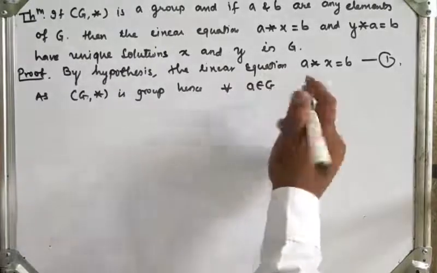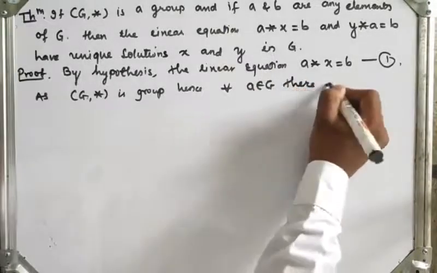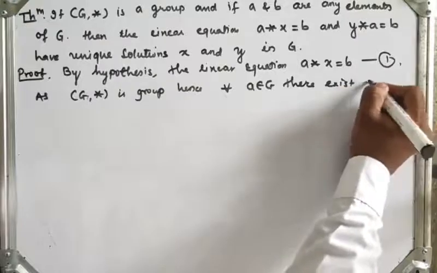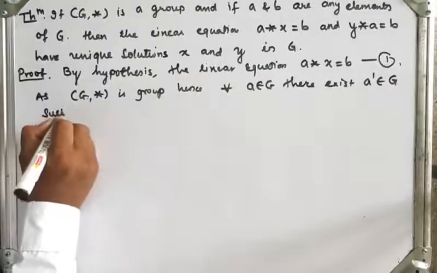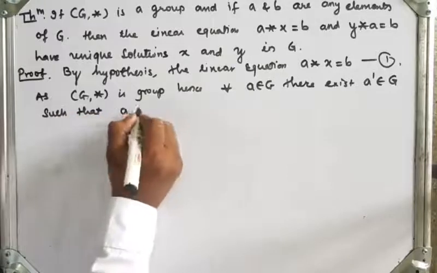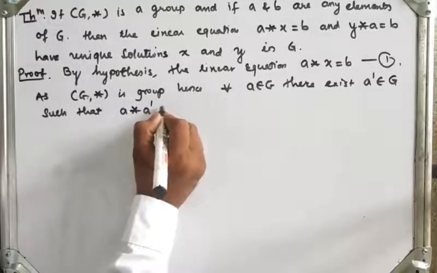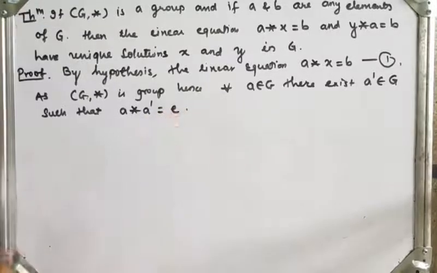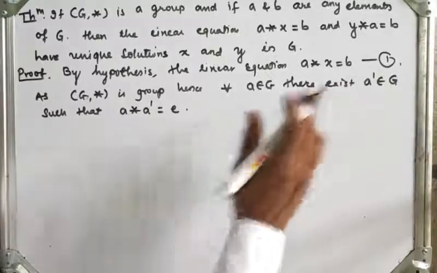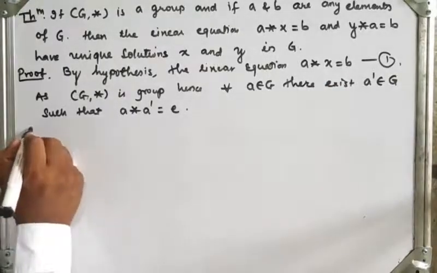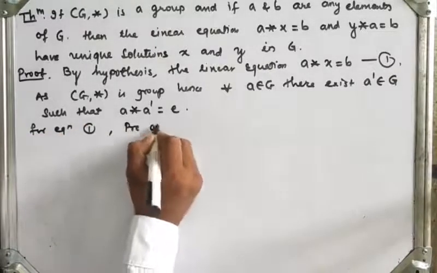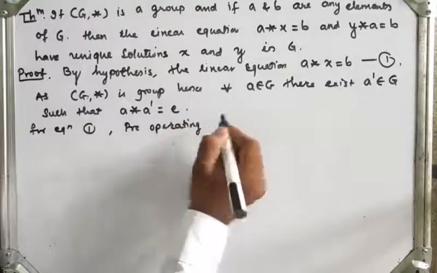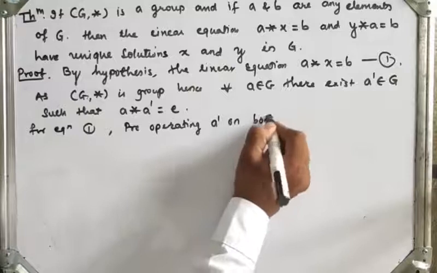So here for all A belonging to G, there exists an inverse element A dash, again belonging to set G, such that A star A dash is equal to E. So for equation 1, pre-operating A dash on both sides.